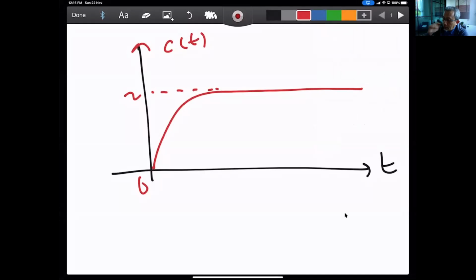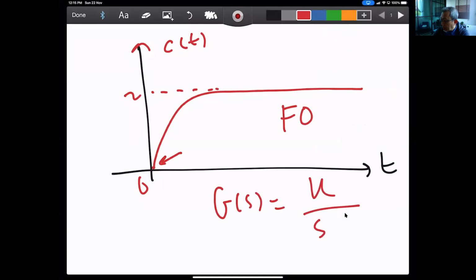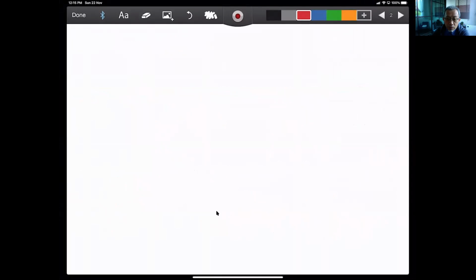This is a first order system, with no time delay because it starts from 0. The structure is given by G(s) equals K over (s plus tau). That is the model structure for the system.